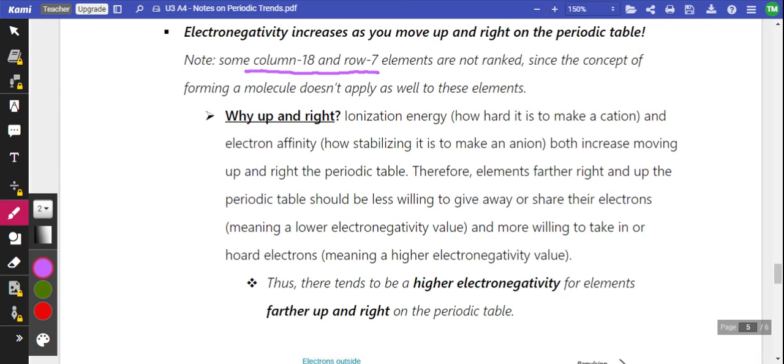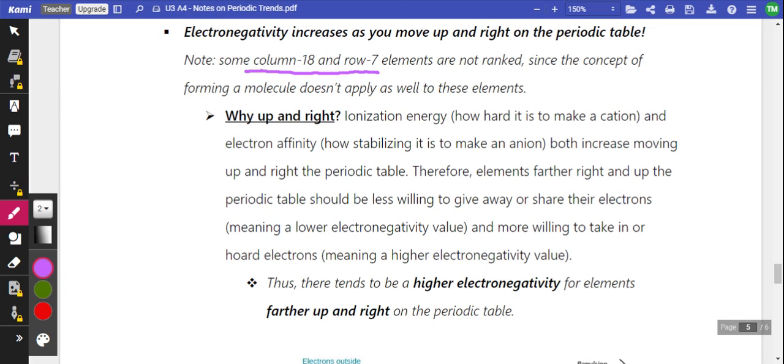And both of those are highest up in the top right. So in short, the stuff in the top right of the periodic table wants to gain an electron and is good at gaining electrons, not losing electrons. Stuff down the bottom left is the opposite. They're very good at losing electrons, not so much at gaining electrons.